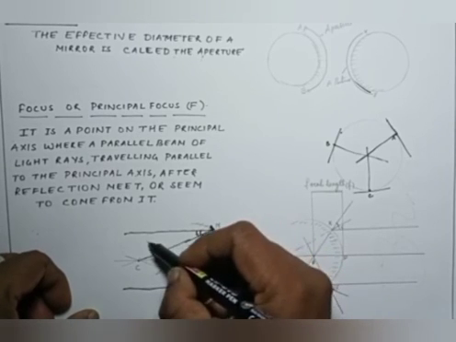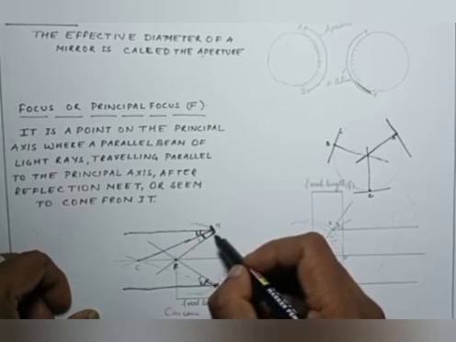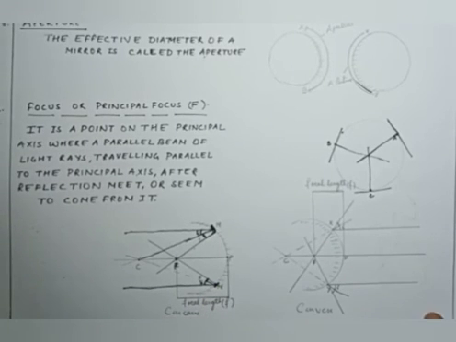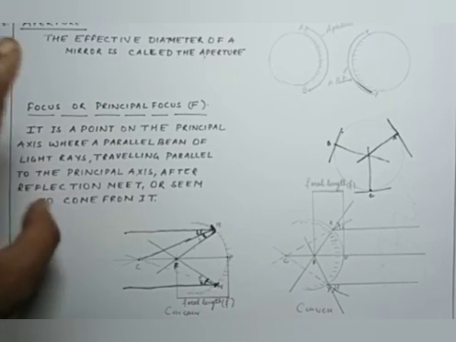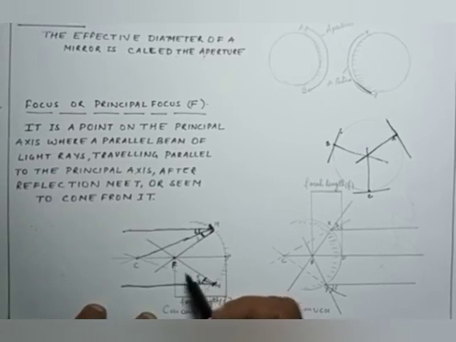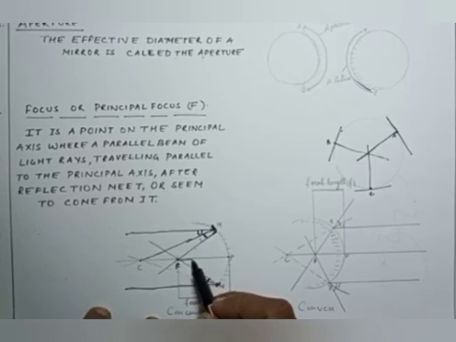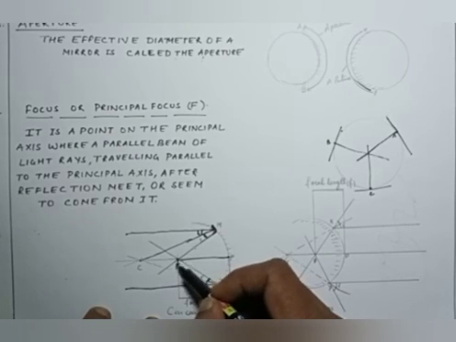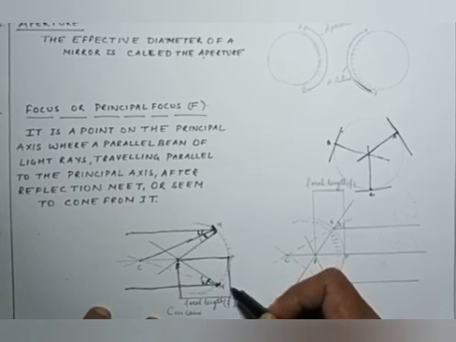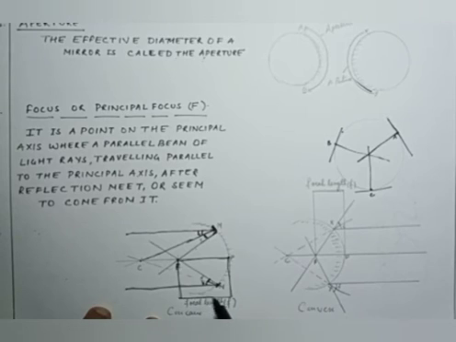What you will see is that both the lines are passing through the focus. Now this is the focus. The distance between the focus and the pole is the focal length, and it is denoted by a small letter f.